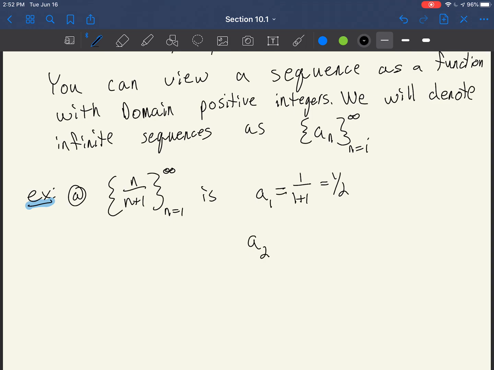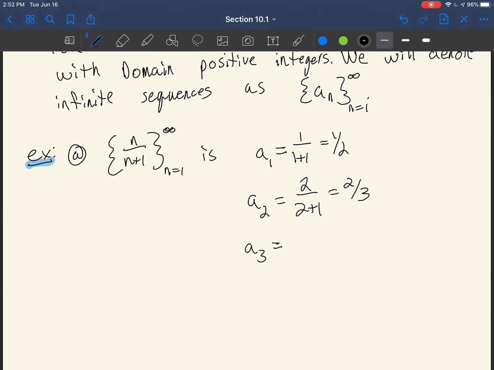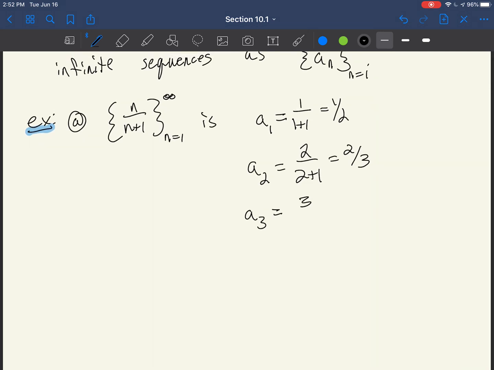The second term would be replace every instance of n with 2, so that would be 2 over 2 plus 1, which is 2/3. And the third term would be replace every n with a 3, so that would be 3 over 3 plus 1, which is 3/4, and etc. It keeps going.